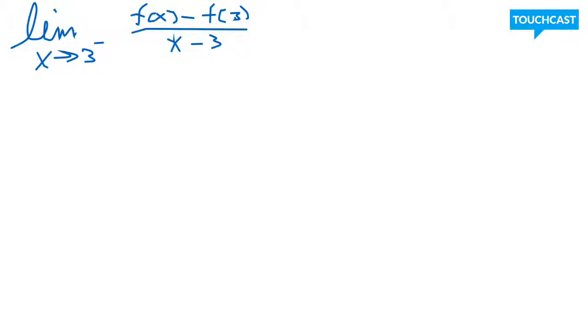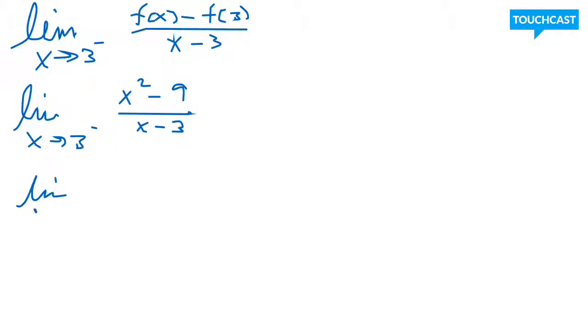And from the left, the function that's active is f of x equals x squared. So that's the limit as x approaches 3 from the left of x squared minus f of 3, which would be 3 squared, which is 9, over x minus 3. Are you getting excited because you can factor? This is the limit as x approaches 3 from the left of x plus 3 times x minus 3 over x minus 3.